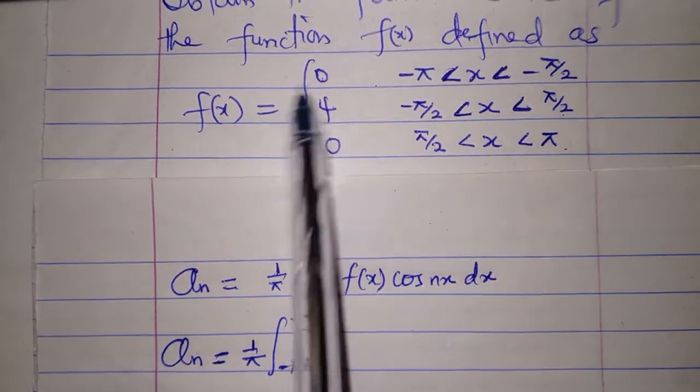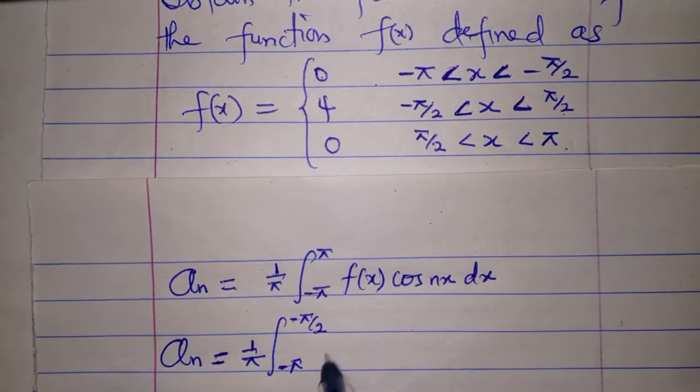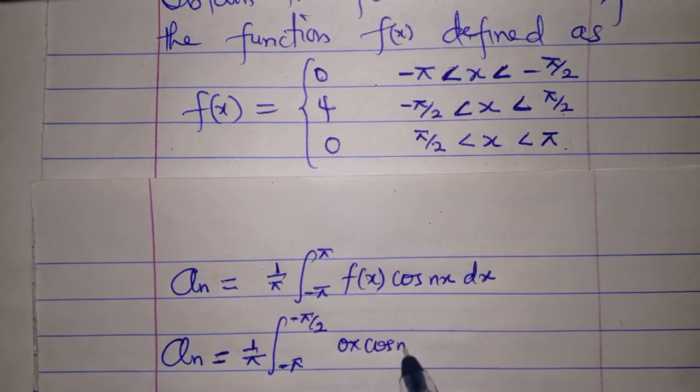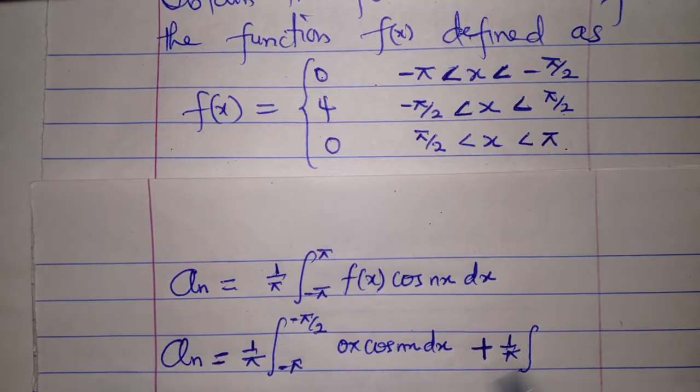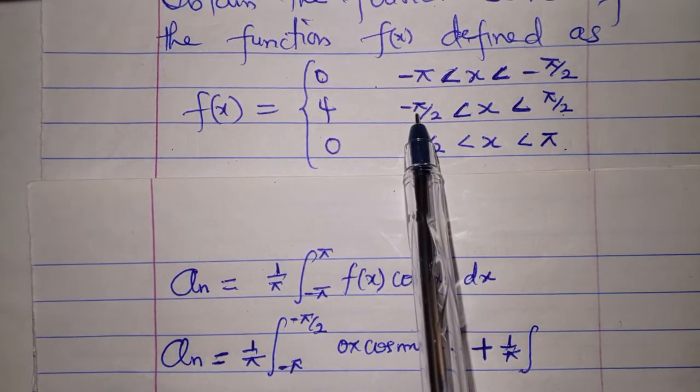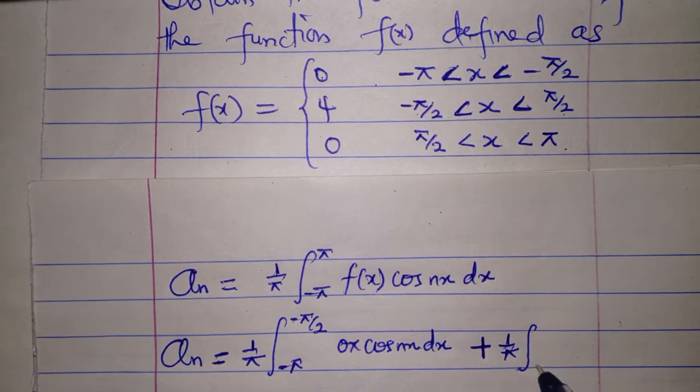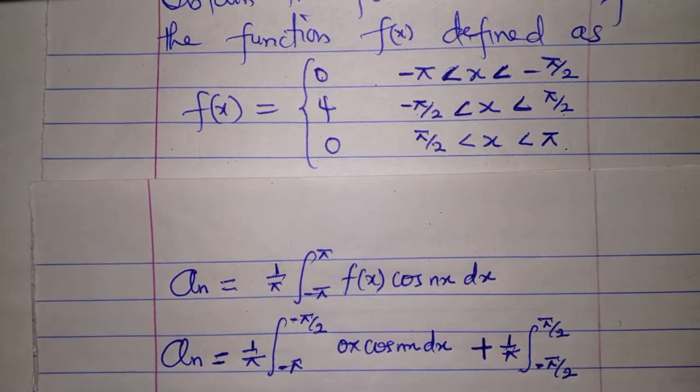f of x is 0, so 0 times cos nx dx gives us 0, plus 1 over pi times the integral from negative pi over 2 to pi over 2. What is f of x? It is 4.